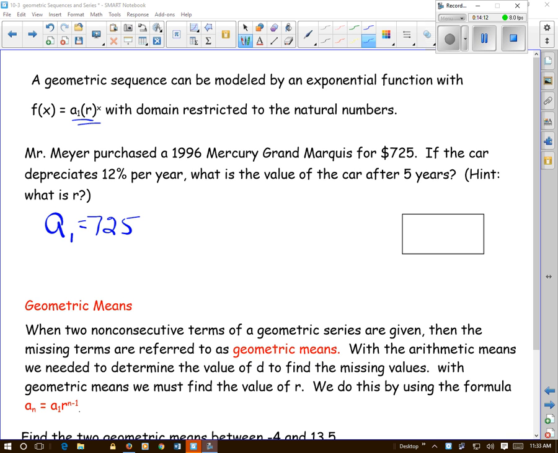Hint, it's not 0.12. r is 0.88, because we're finding how much is left on the value. The 0.12 is how much is being taken off of the value. So r is 0.88. So if we want to find the value of the car after 5 years, we want to find a5?